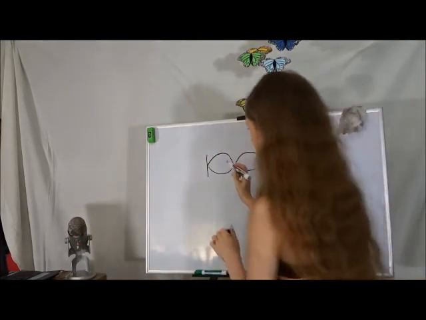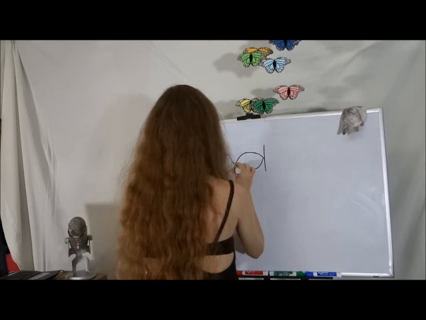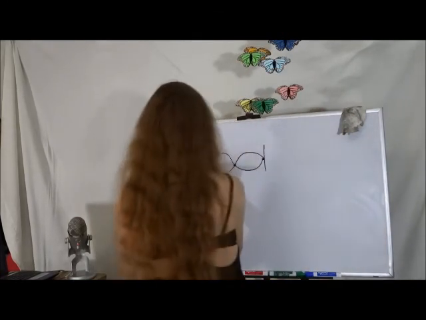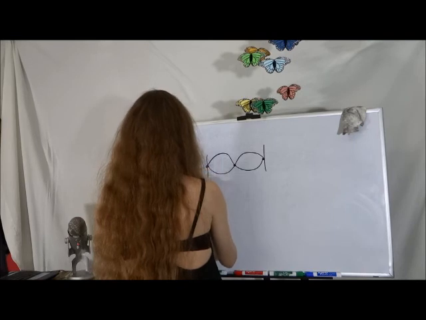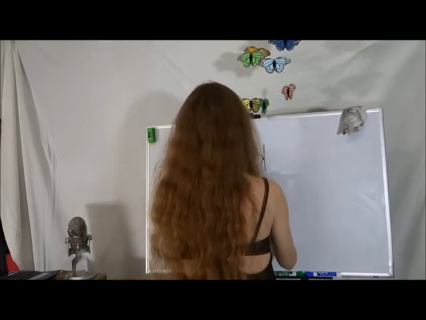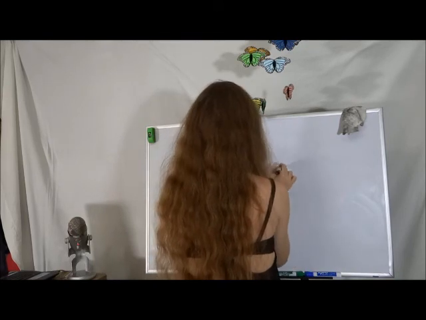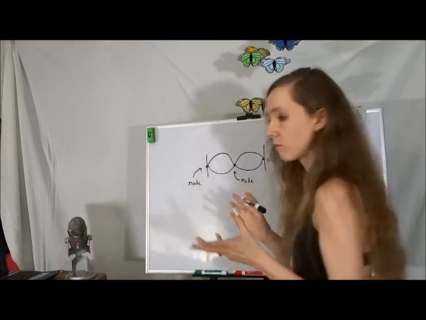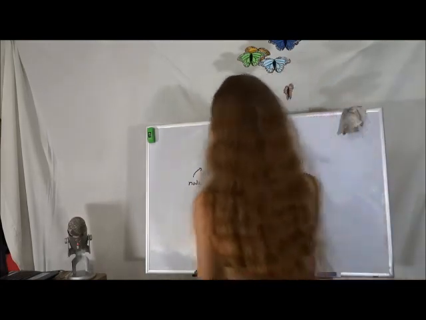So with this wave here, we're going to have a node here, here, and here. And we're going to have 2 antinodes.